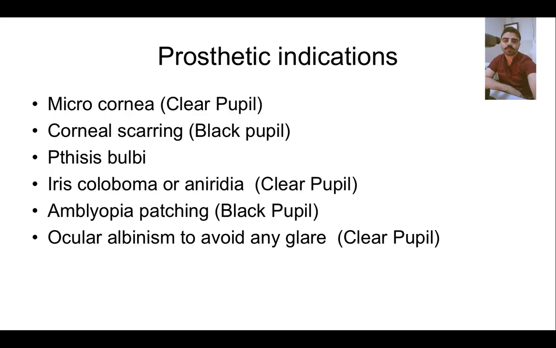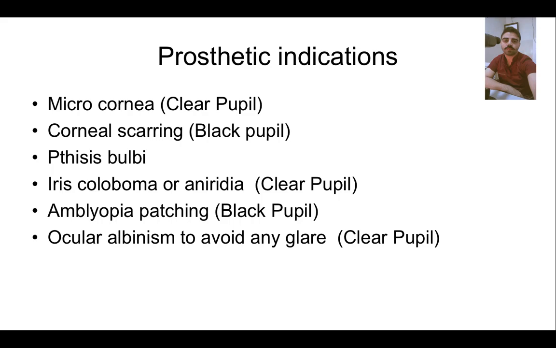So if the patient has microcornea, but this is a functional eye, not a blind eye, then along with improving the appearance of the eye, we are also interested in improving the vision of the patient, and we are not interested in blocking the vision. So in that eye, we will fit a prosthetic lens that contains a clear pupil.